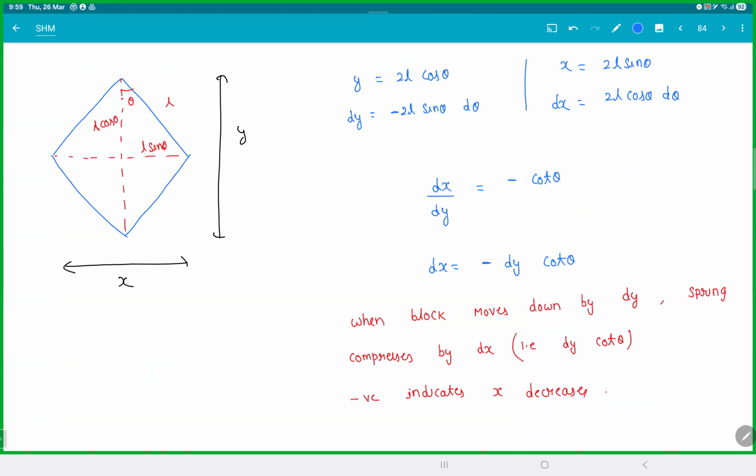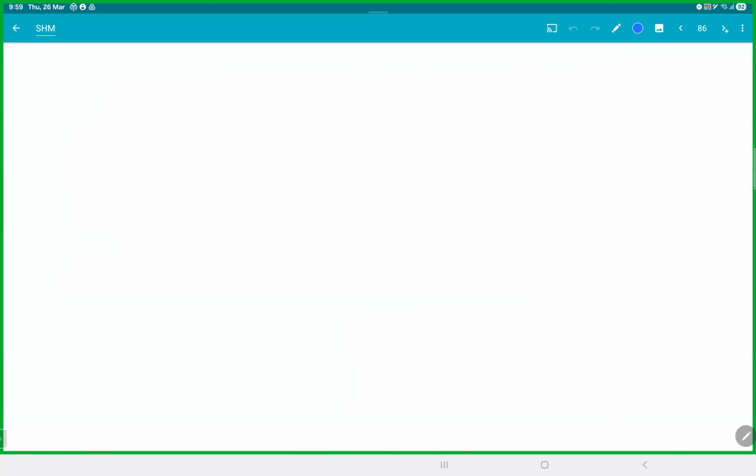Let's see one more. So that's again another pretty good one. This could be an integer question. We have a block of mass m. This is a massless pan.